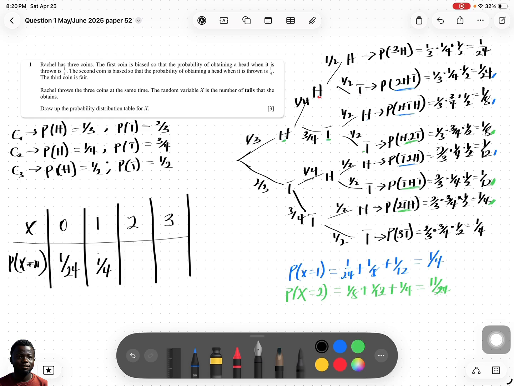So we'll put that, and x is equal to 2, so we have 11 out of 24. Then we come to the case where t is equal to 3. Now when you look at our table, it's only this one that shows t is equal to 3. So x is equal to 3 will have only this probability, which is 1 out of 4. So we'll put that here.